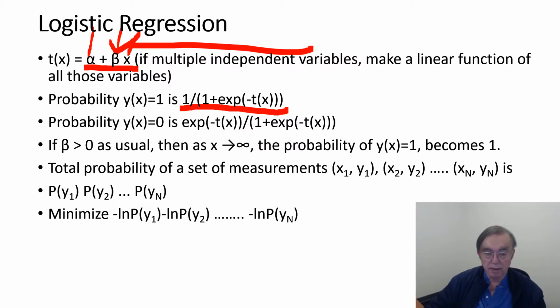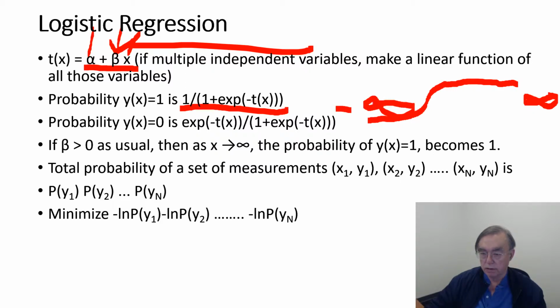The observations are y, they're labeled by x, and we have the probability that y equals 1 is 1 over 1 plus e to the minus t of x, and the probability that y equals 0 is just 1 minus this, and you have a nice plot of probability which looks like this. Here is x equals infinity, and here's x equals minus infinity.